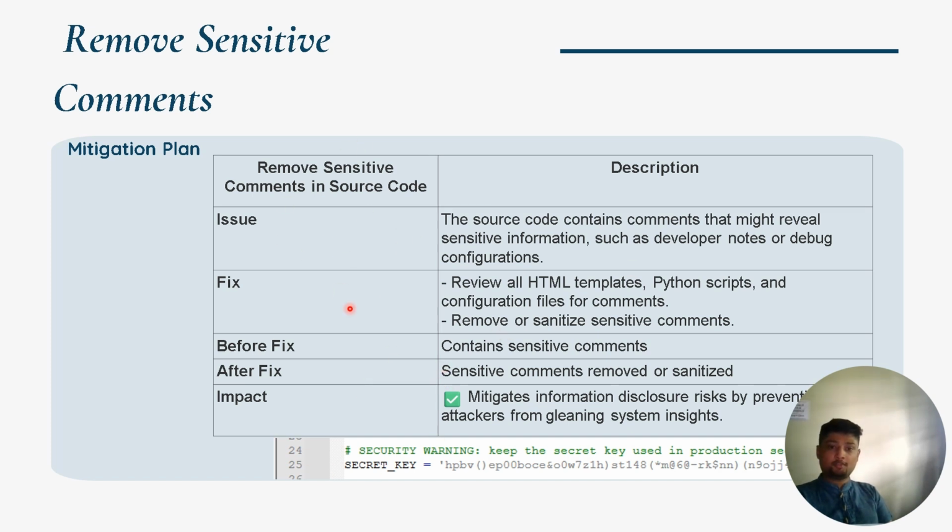So our best practice should be to not write comments about sensitive things, and also not explicitly mention all those sensitive information within the code, in order to further protect our application from unauthorized access or tampering.